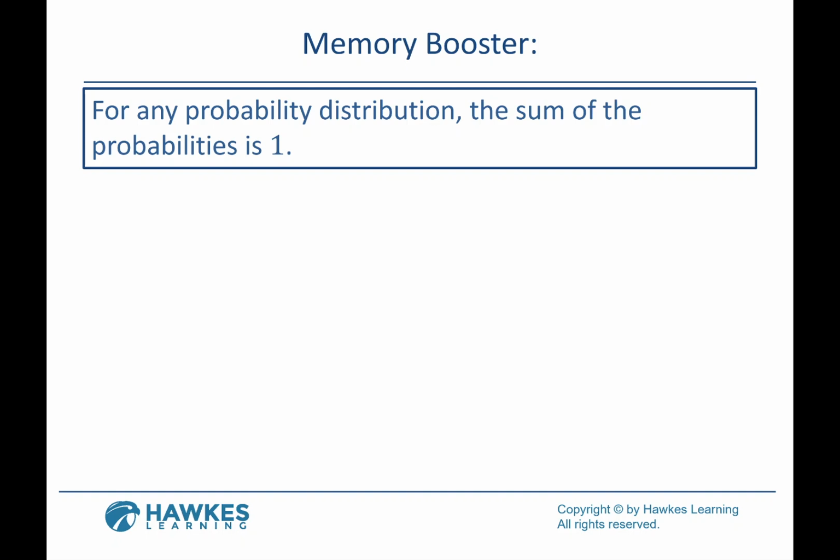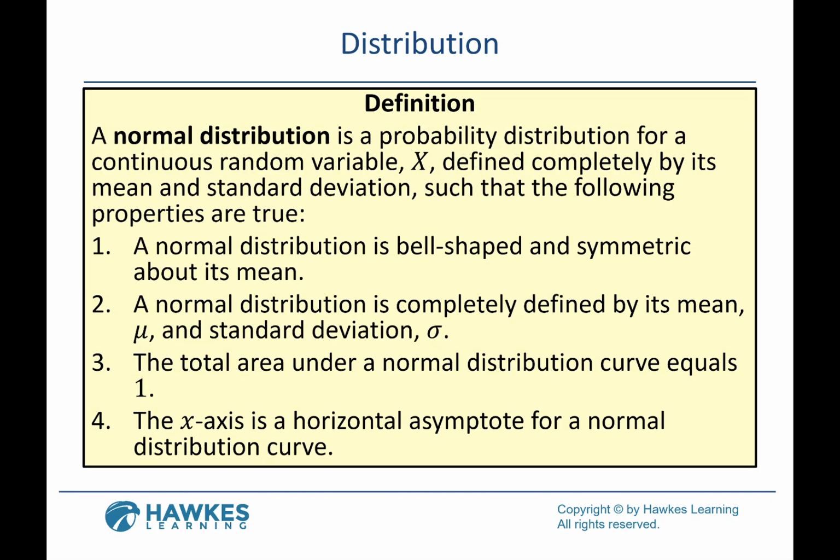And we'll look at the properties we have to have in order for a probability distribution to be considered a normal distribution. So remember with the binomial, we had like 9 things. We've got these 4 with a normal distribution.